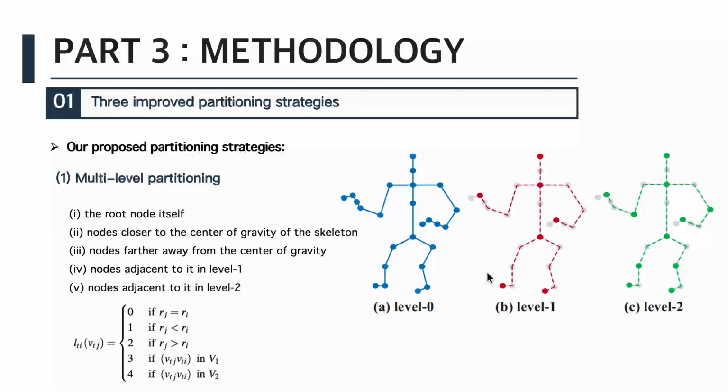The first is multi-level partitioning strategy. Human actions vary greatly in their execution, from those requiring extensive movement of the entire body to those involving minimum localized movement of a single body part.